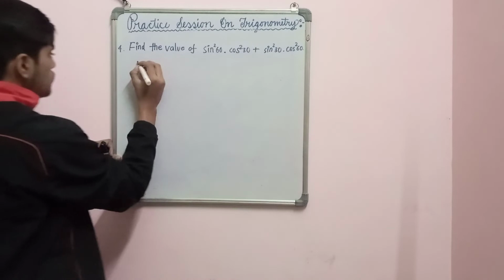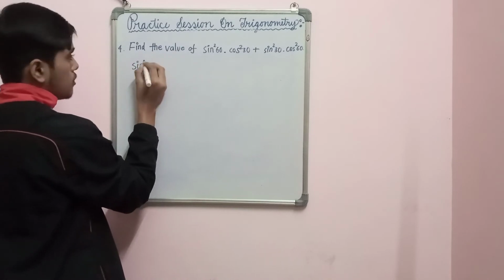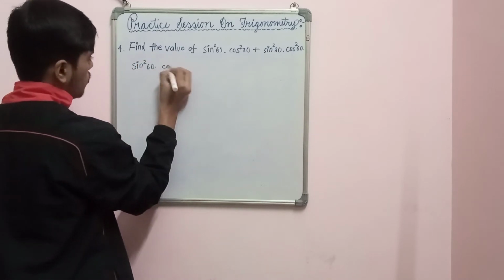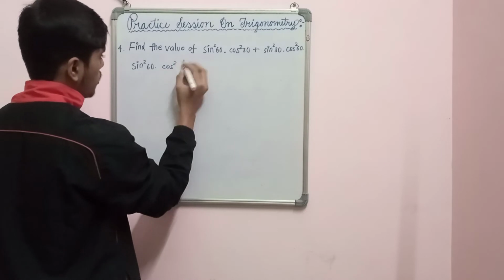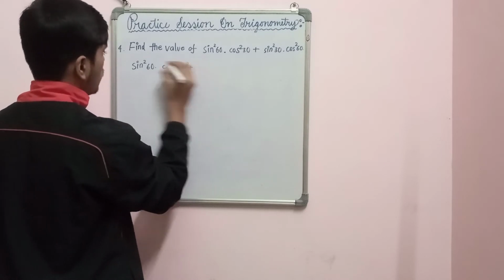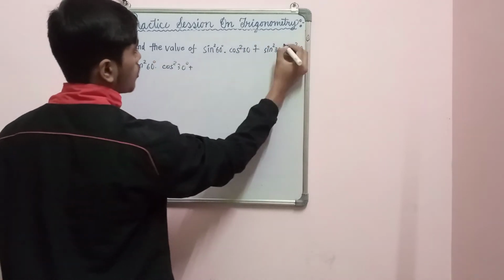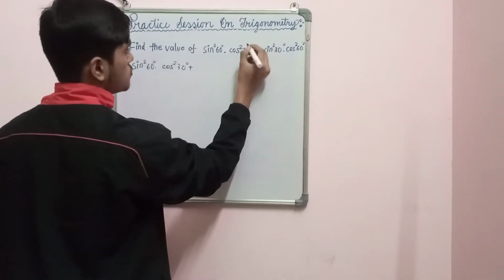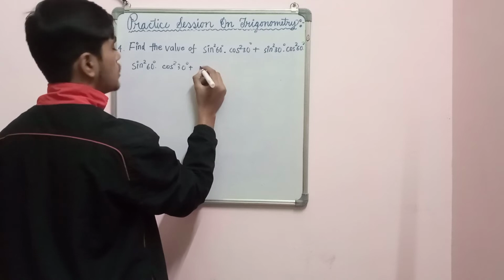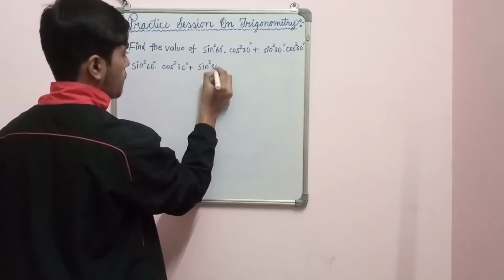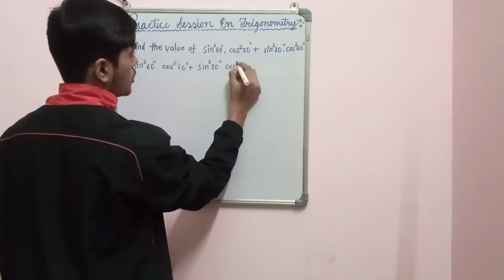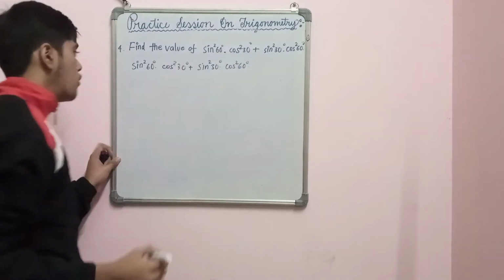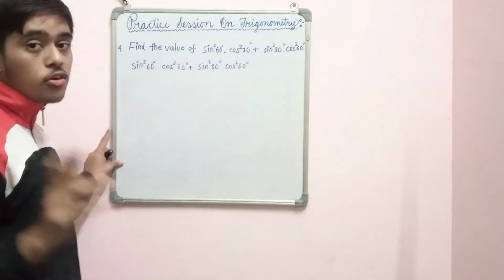Now sine square 60, let us see what has been given. Cos square 30, and 30 degree. And there is sine square 30 degree into cos square 60 degree. Now sine 60, what is the value of sine 60?